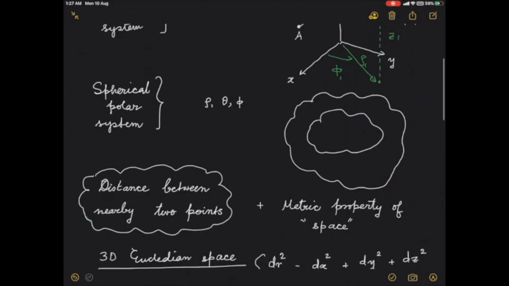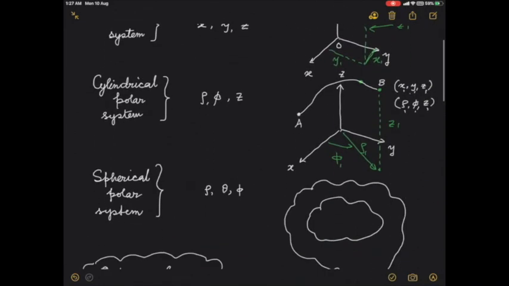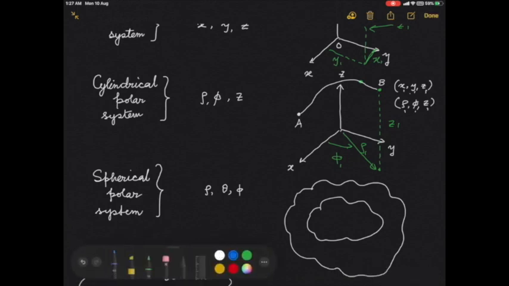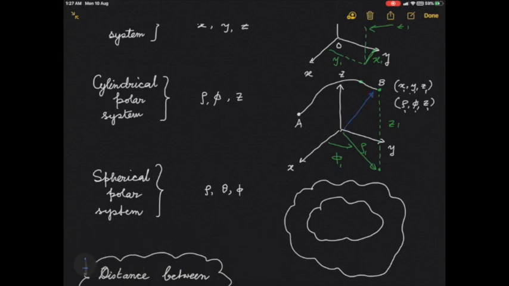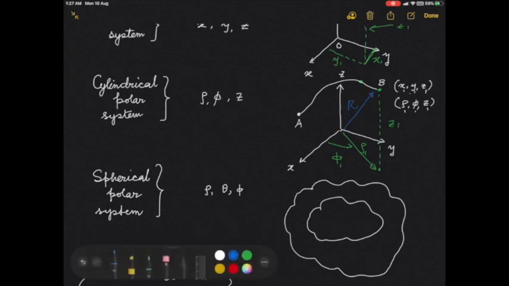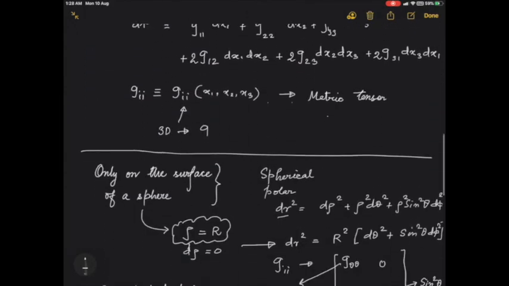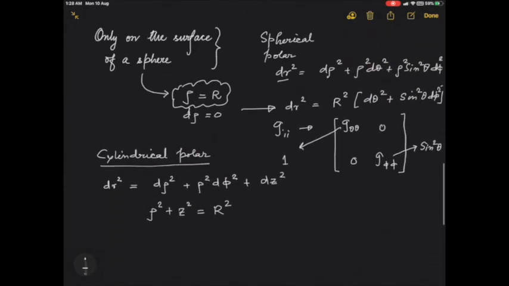This r here is nothing but the square root of rho square plus z square. So that's what I used here. Instead of a nice linear condition, the same condition becomes a quadratic equation.